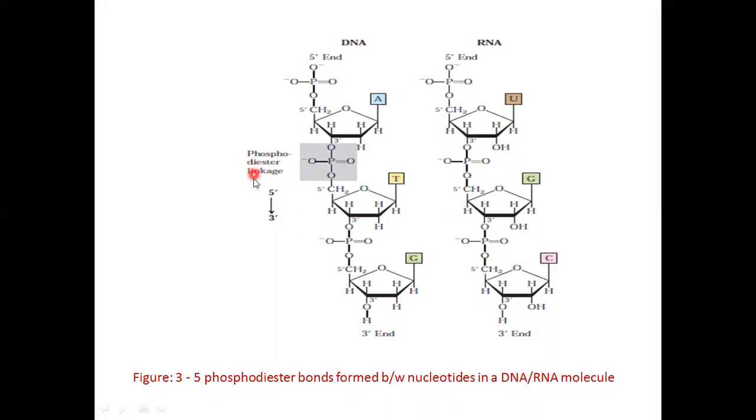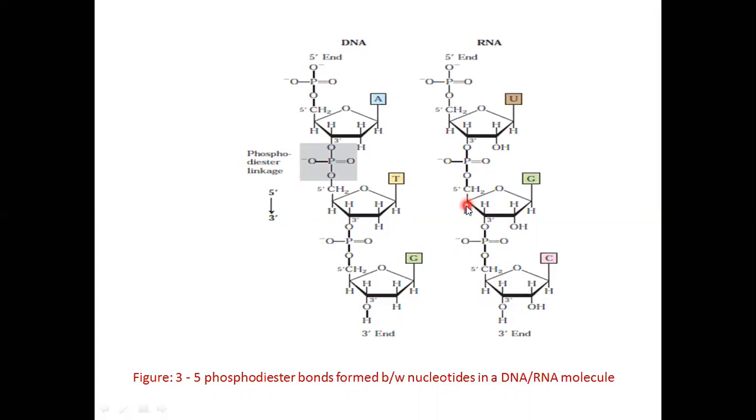You can see this carbon 3 has phosphate, and the carbon 5 of the next nucleotide also attaches to phosphate. So it makes a phosphodiester bond. It is the same in DNA and also in RNA.